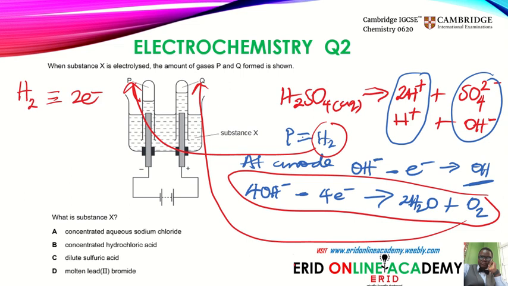That's the gain of 2 electrons. But to discharge 1 mole or molecule of oxygen, in this case we use what? We use 4 electrons.